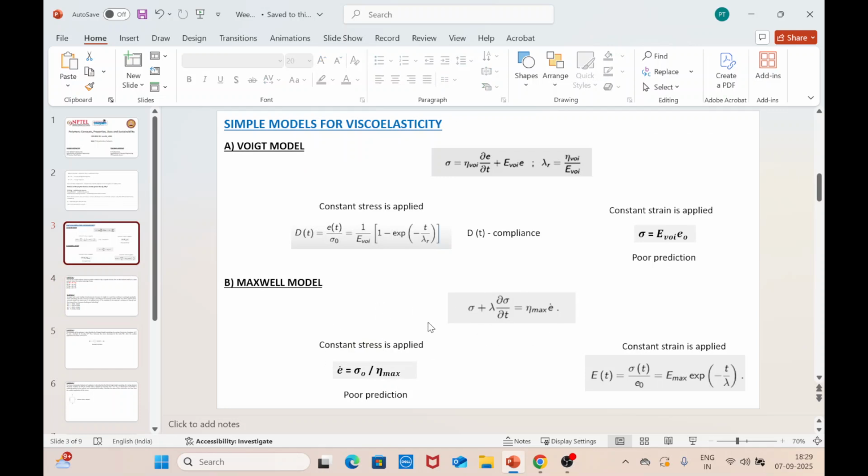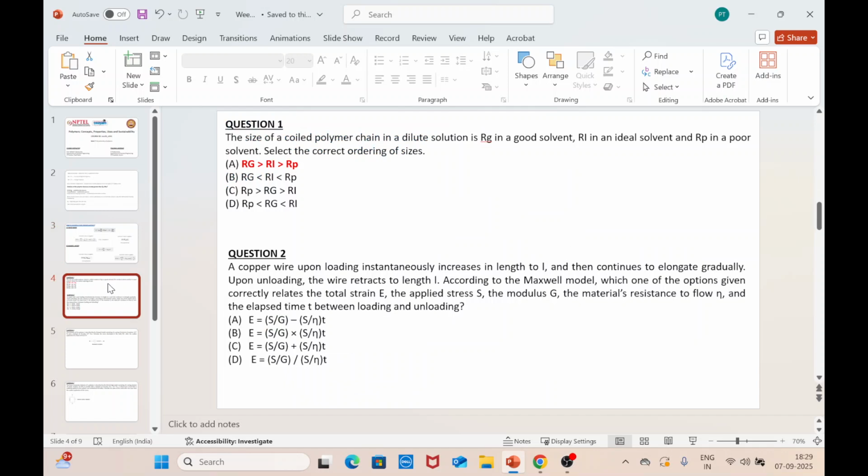You just need to change the parameters, and then you need to relate the strain, the stress, the modulus, and eta.